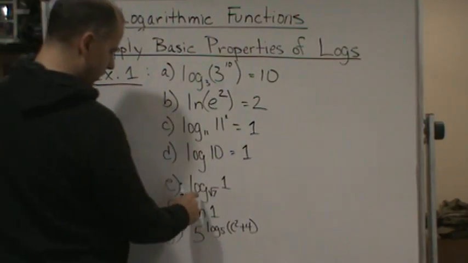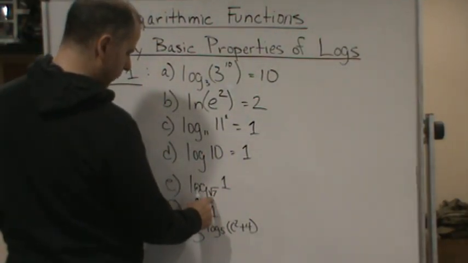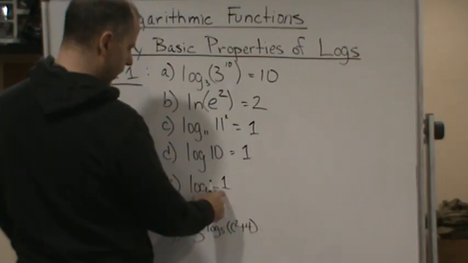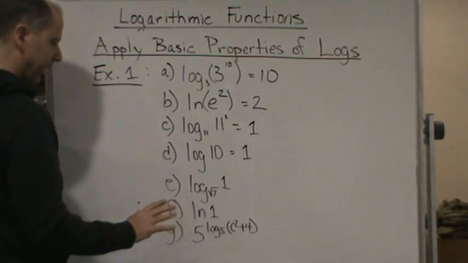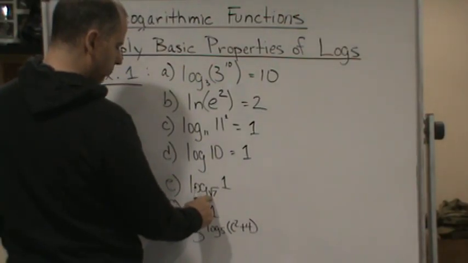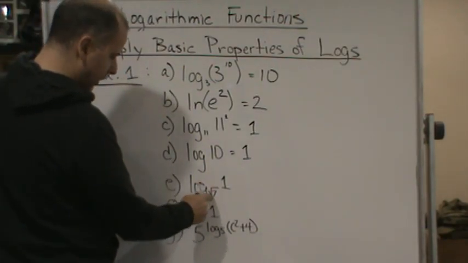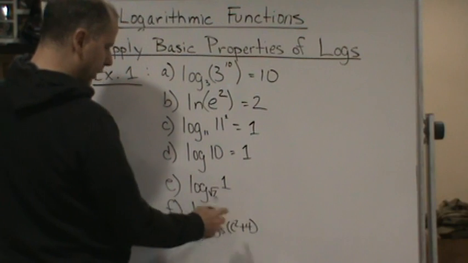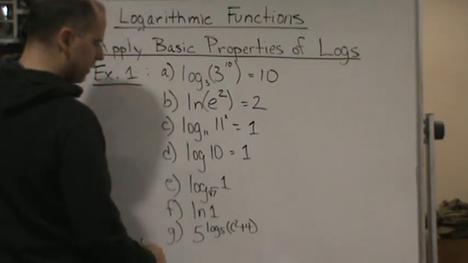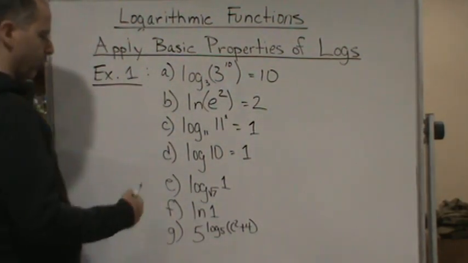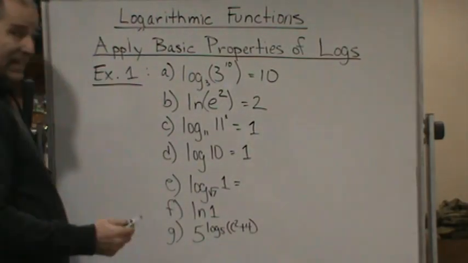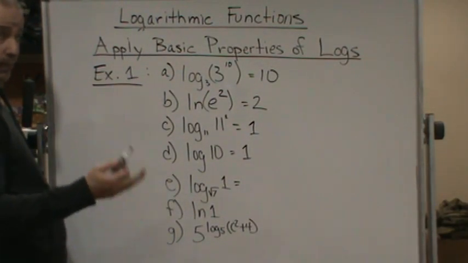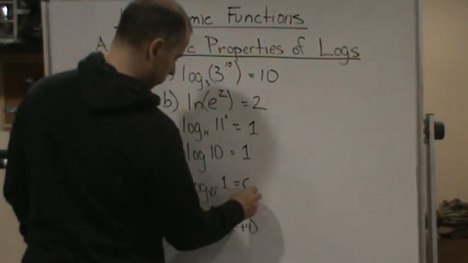Now, let's look at this one. So this is log base square root of 7 of 1, right? So again, we're raising this to an exponent, right? So the way we would think about this is, okay, the square root of 7 to what exponent will give me 1? And remember, it doesn't matter what number it is. The only exponent on a number that will make it 1 is 0.